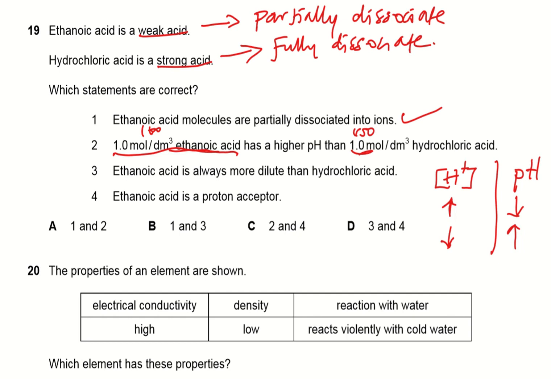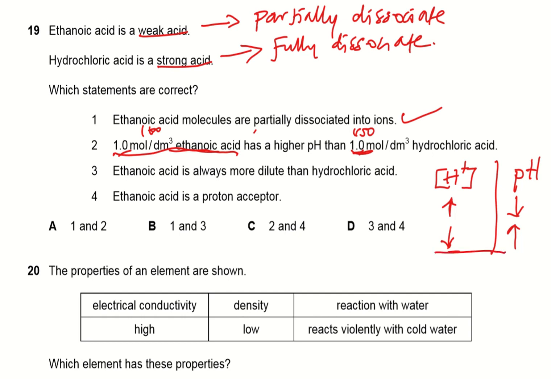So the fact that it is 1 mole does not mean we have equal amounts of hydrogen ion entering the solution when each acid dissociates. In essence, 1 mole of ethanoic acid will produce lesser hydrogen ion concentration. So lesser hydrogen ion concentration means higher pH.